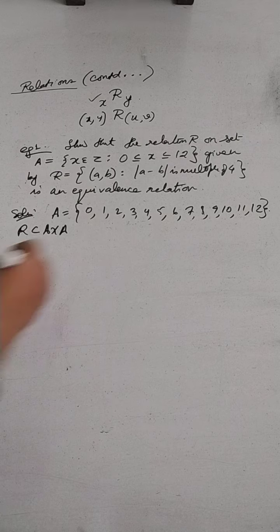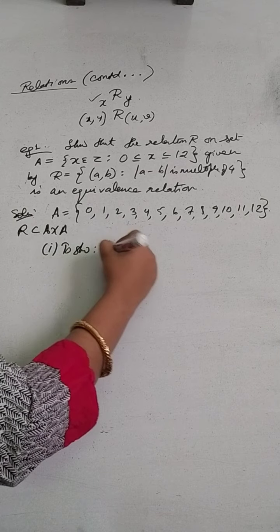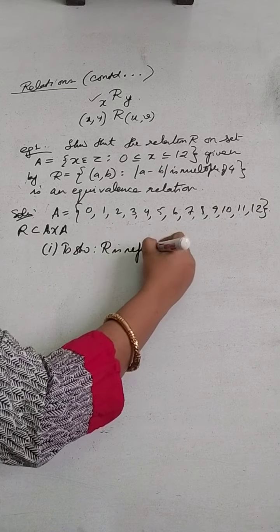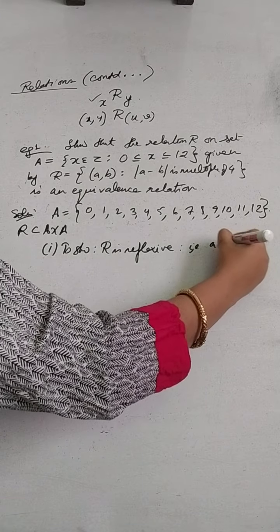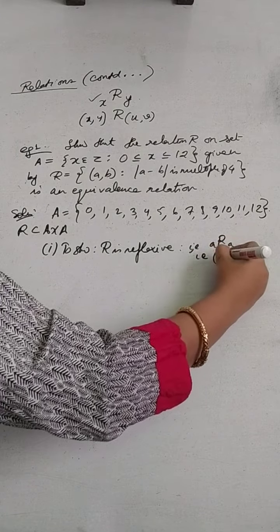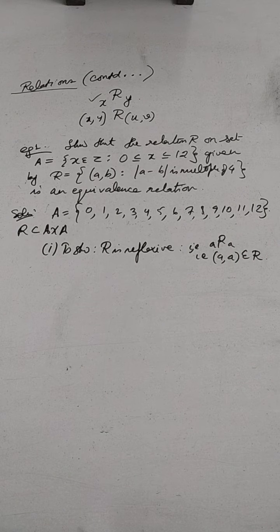First thing, what do we have to show for an equivalence relation? We have to show that R is reflexive. That is, I have to show that A is related to A, or that the pair AA is an element of R. So let me check what AA is.